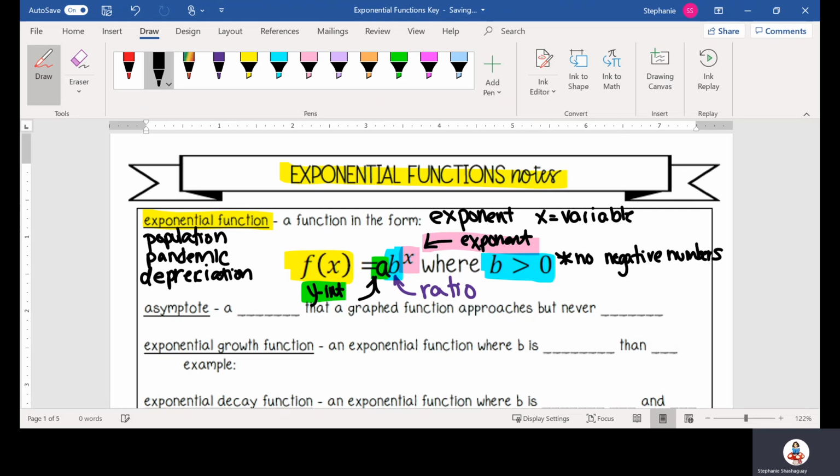Your b cannot be a negative number. It's always going to be greater than 0. So that could be a fraction or a whole number or a decimal, but it's going to be greater than 0. No negative numbers, okay?